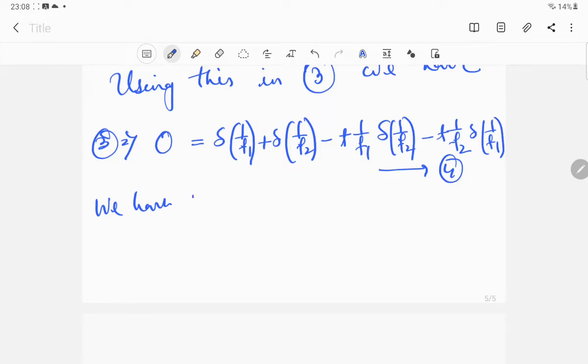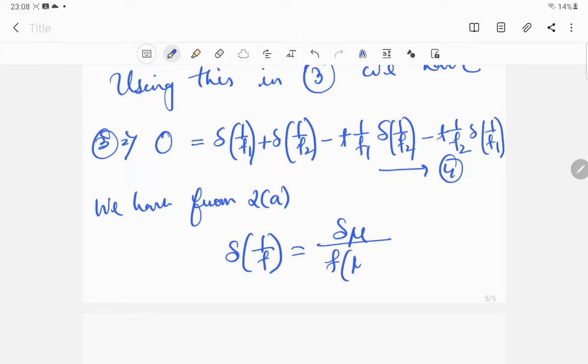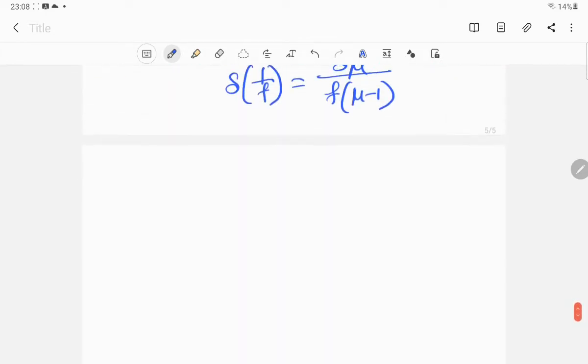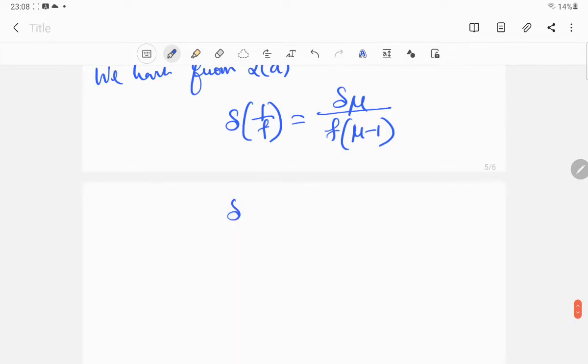So from 2a, del of 1 by f equal to del mu by f into mu minus 1. I will keep this part outside and call it this one.